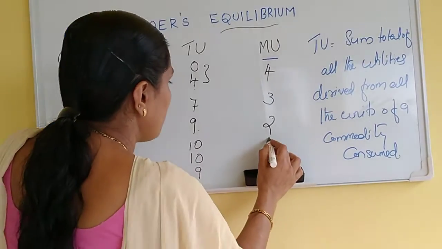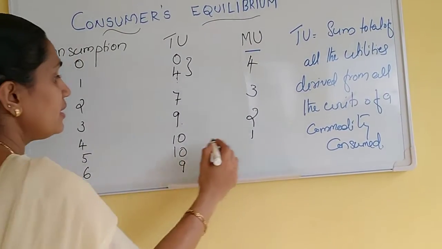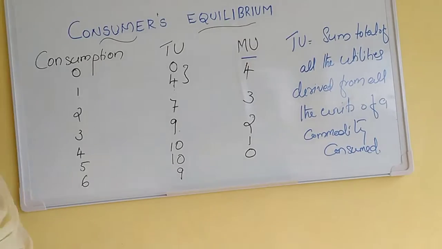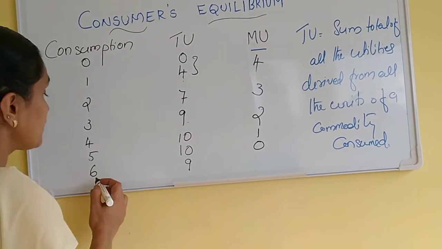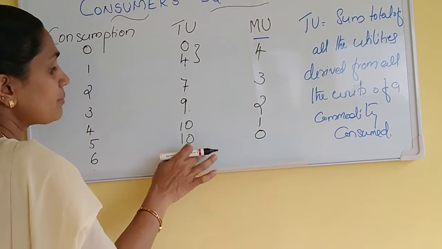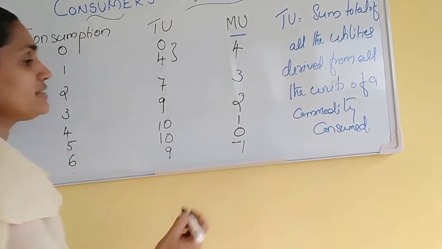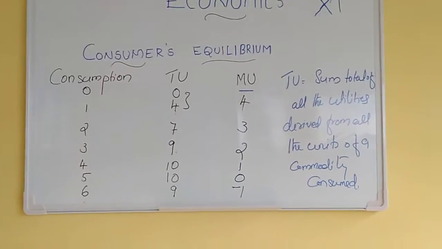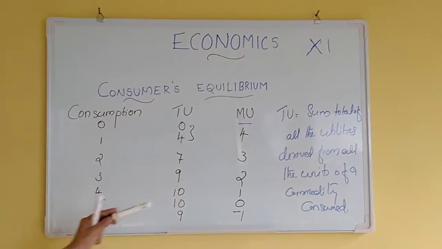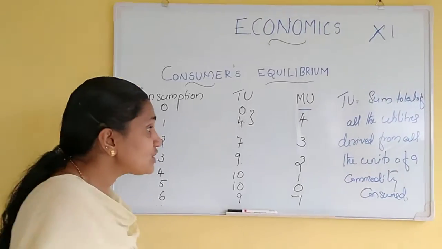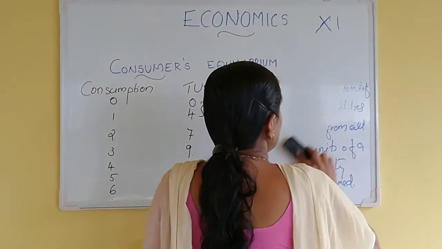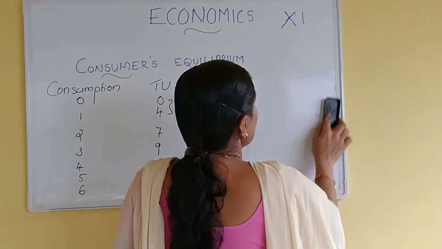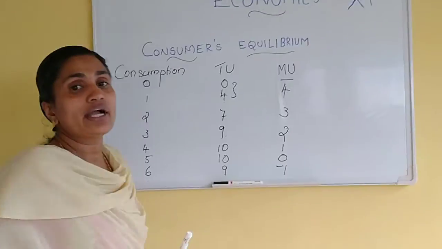Here 1 is the marginal utility. Then here nothing, 0 is the marginal utility. Then we move to the 6th unit. We can see 9 minus 10, minus 1 is the marginal utility. So what do you mean by marginal utility? Additional utility derived from the extra units of a commodity.